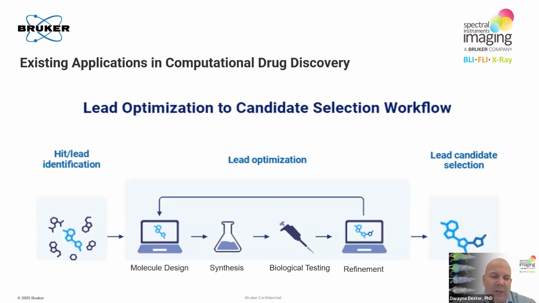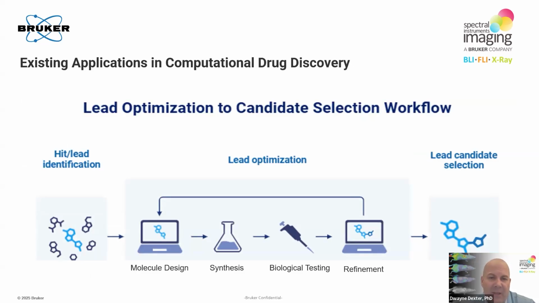In terms of machine learning, AI, this is not a new phenomenon. Computational methods, for instance, have been used for more than a decade to improve upon lead or hit identified compounds, to improve upon their physiochemical properties, to even identify efficient synthesis pathways, and then upon different testing methods, circling back and even refining the methods.